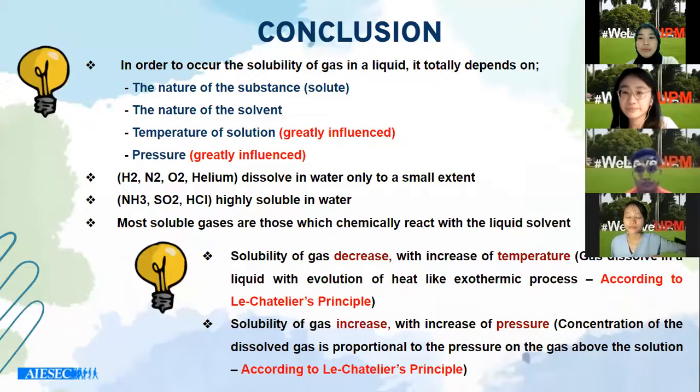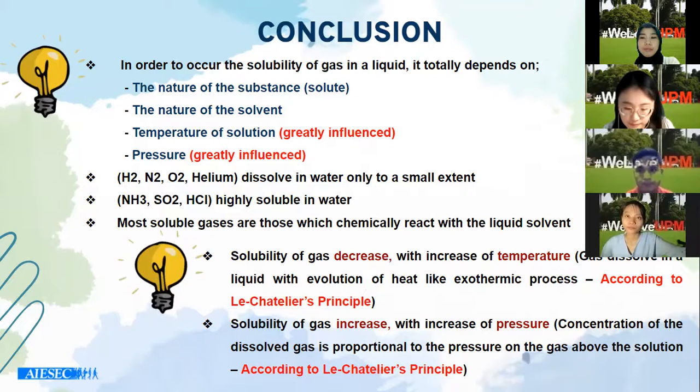For the conclusion, the solubility of a gas in a liquid depends on four factors. The first is the nature of the substance, which is also known as the solute. The second is the nature of the solvent, then the temperature of the solution, and pressure. However, temperature and pressure have the greatest influence on the solubility in a liquid.